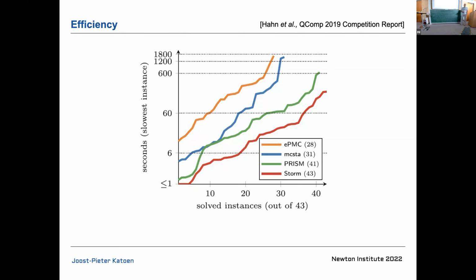What's the difference between these 4? So the most well-known model checker is the green one, which is Prism, developed in the group of Marta Kwiatkowska. Algorithmically, I would say we're not doing that much different than Prism. But we started 5-6 years ago and looked a lot at what are the critical operations in model checking.